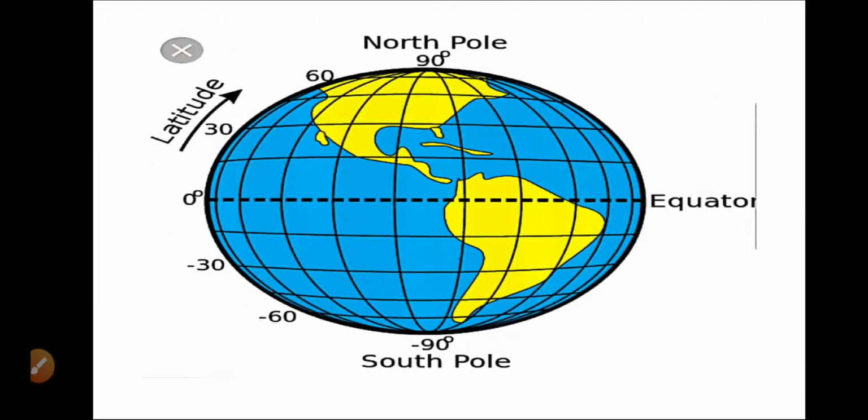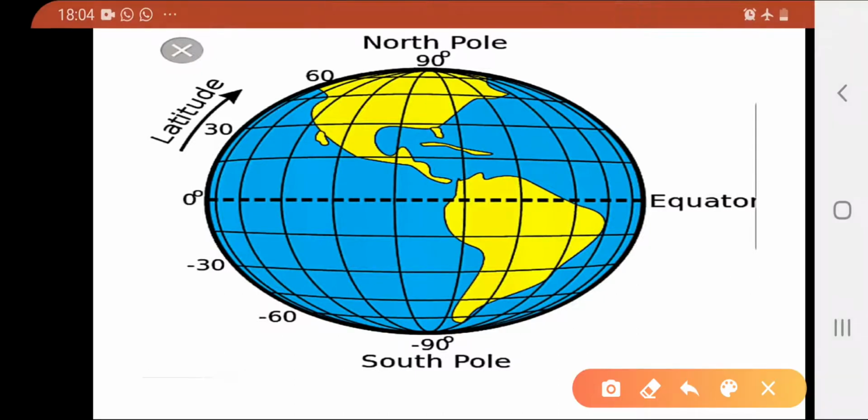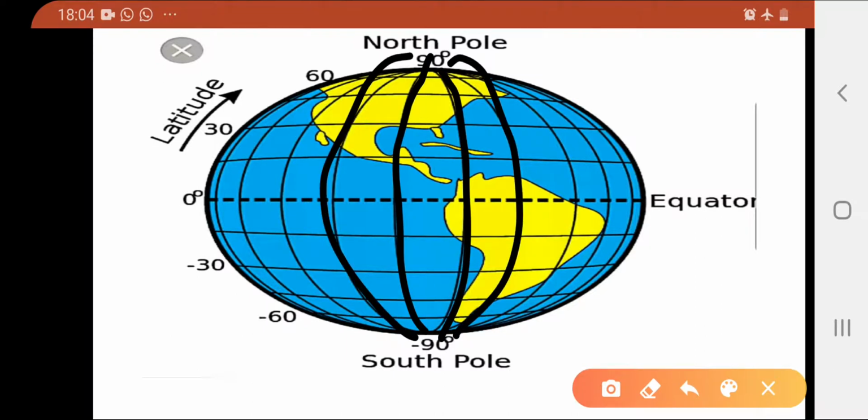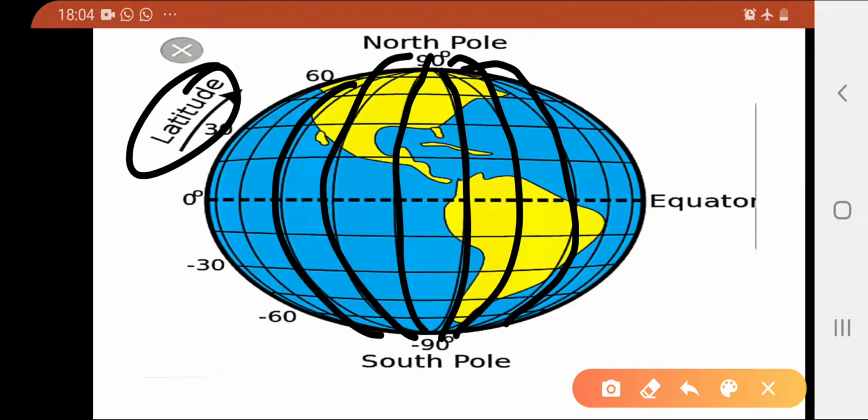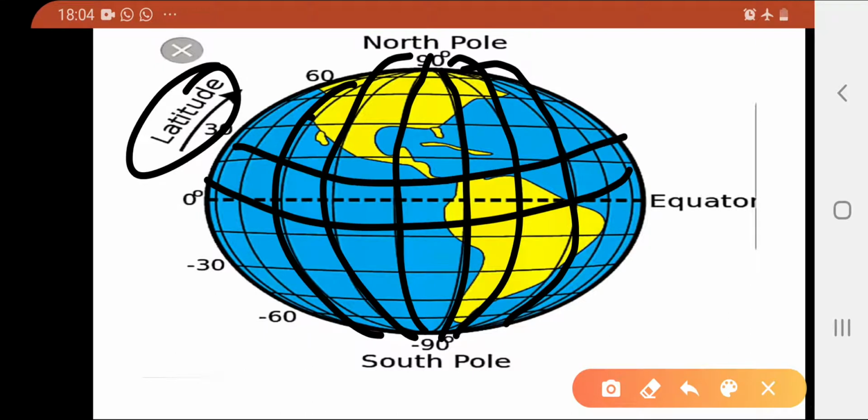Here you can see, children, this is a clear picture of the globe and it shows that those lines which are running from here to here, here to here, are called the latitudes, right, children? And those lines which are running in semicircles this way are known as longitudes.